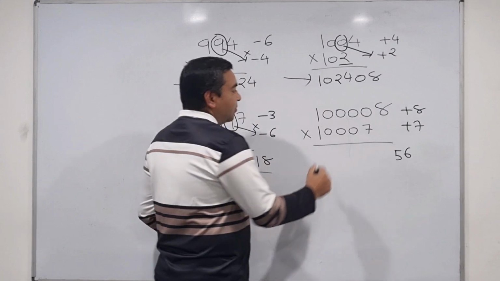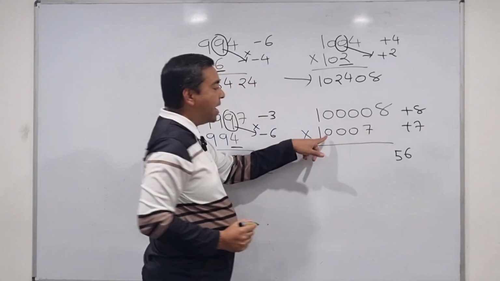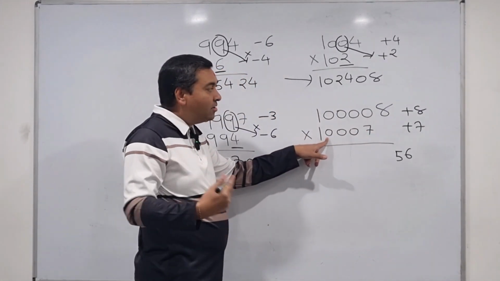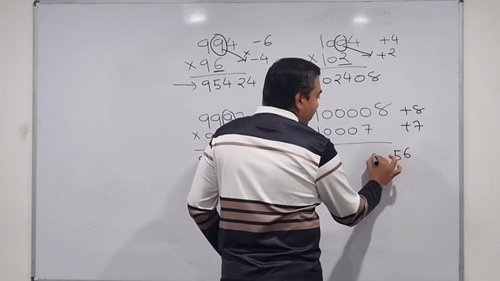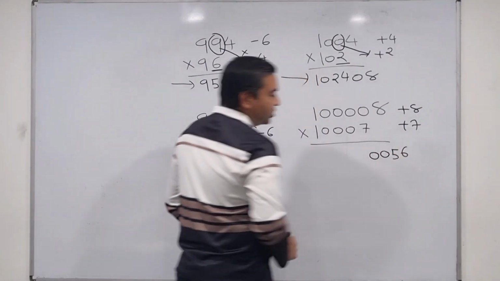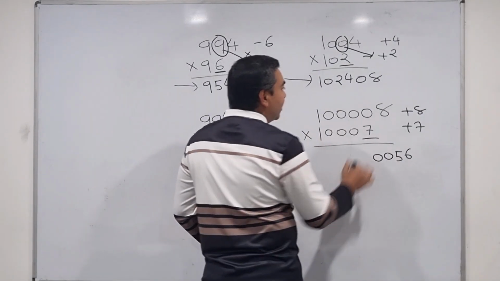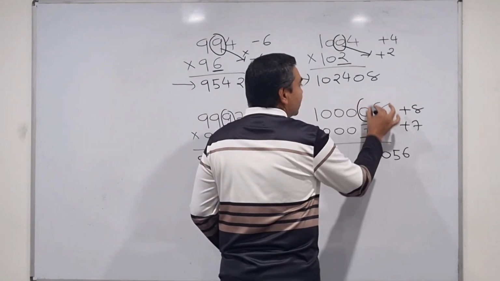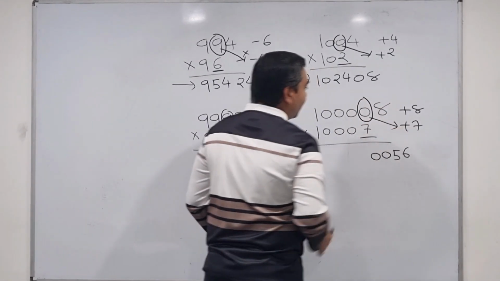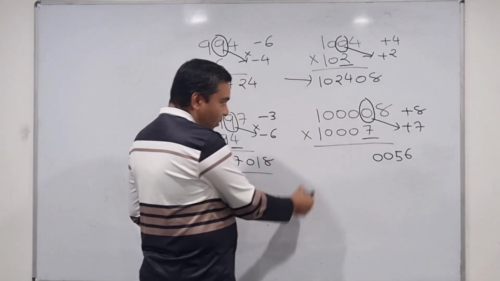Now, the important thing is my smaller base is 10,000, 4 zeros. So I'm going to make a 4-digit number, so 0056, so it becomes a 4-digit number. My last number is 7. My critical number is going to be this one, where I need to do this cross operation, guys. Now I can get my bigger number down.